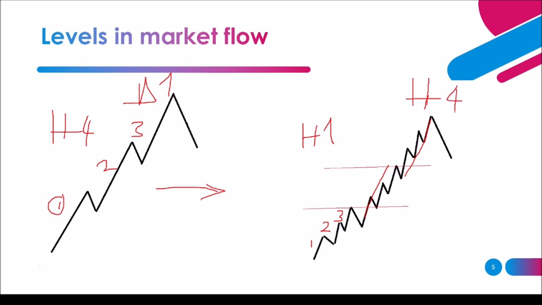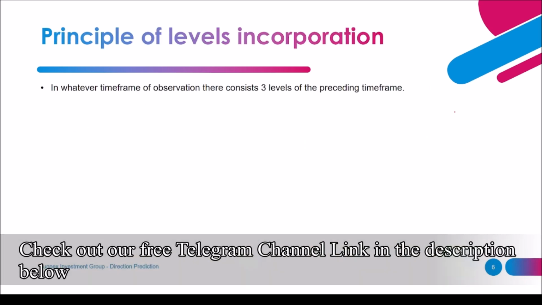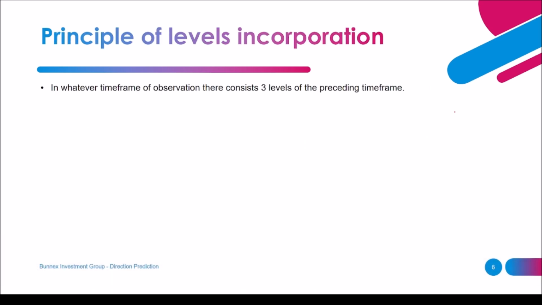This principle is there to help us know how much magnitude we are left with to complete this particular cycle. So this principle is what you need to write down in your notes. It says in whatever time frame of observation, there consist 3 levels of the preceding time frame. In one H4, there are 3 H1.